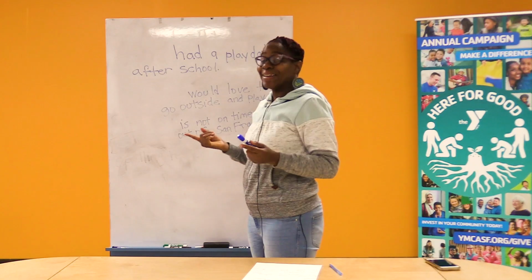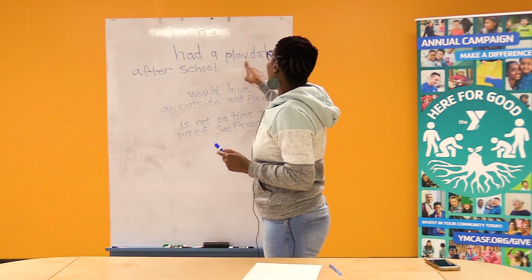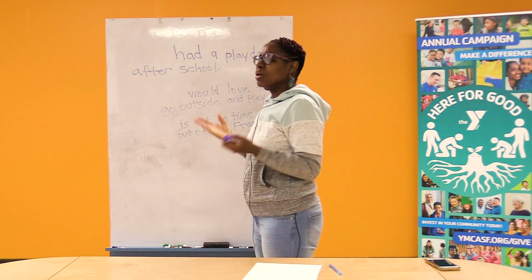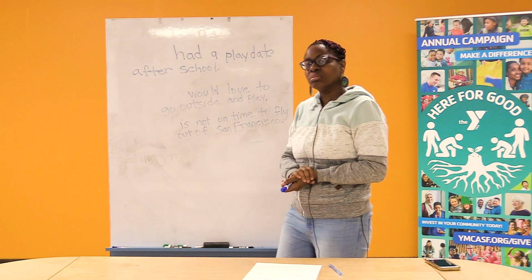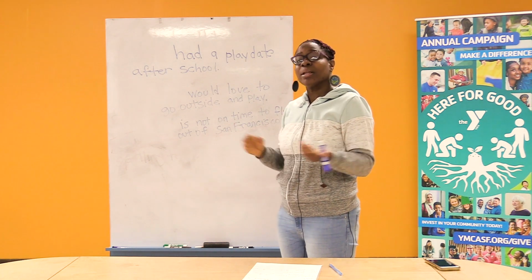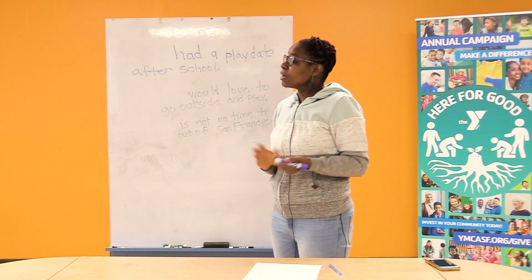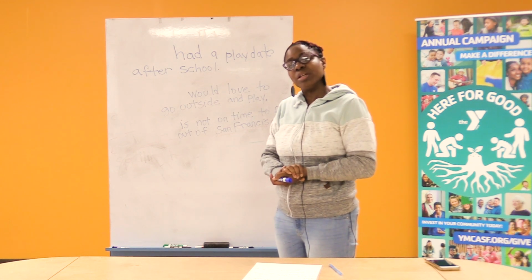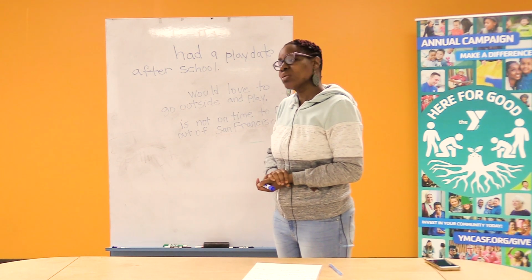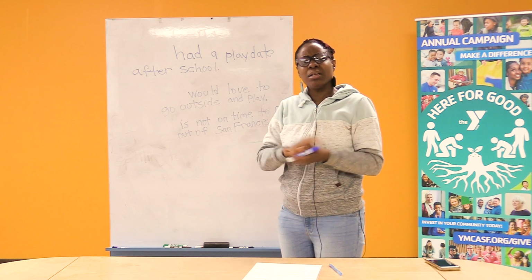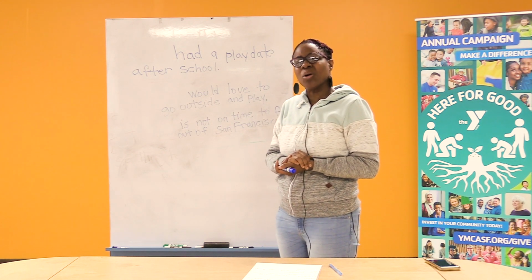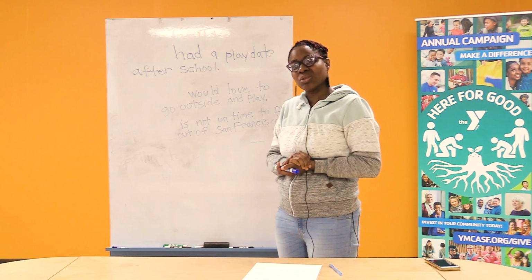The first one is, had a play date after school. Who had a play date after school? Did the dog have a play date after school? Did grandma have a play date after school? Did mom have a play date after school? I'm guessing probably none of those people, or the animal, had a play date after school.